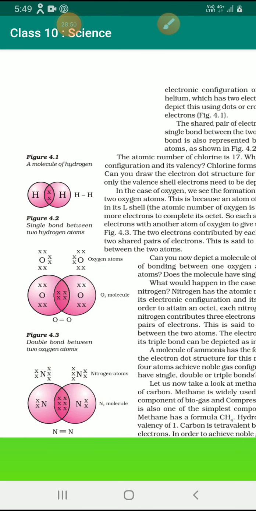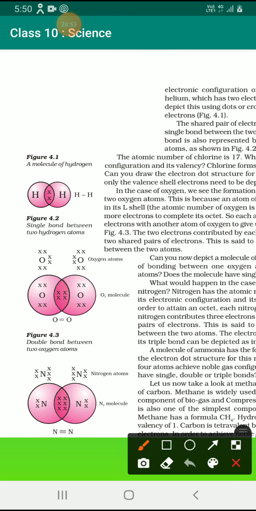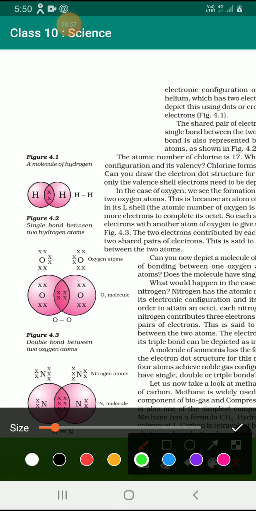In the case of hydrogen, only 2 electrons are responsible, so it makes one single bond, H-H. But in the case of oxygen, you can see in the picture that 4 electrons are sharing.